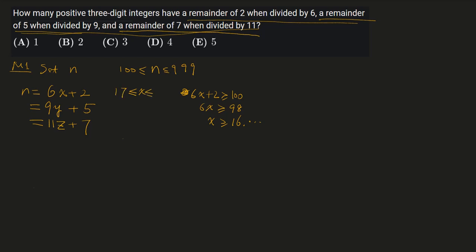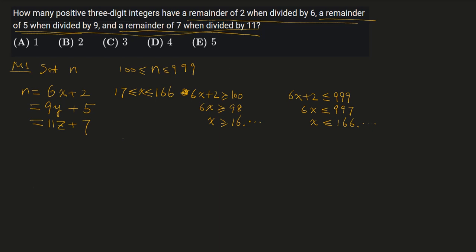And what is the upper bound? We get the upper bound by restricting this value by 999. Then 6x is less than or equal to 997. X is less than or equal to 166 point something. Therefore, the upper bound for x is 166.